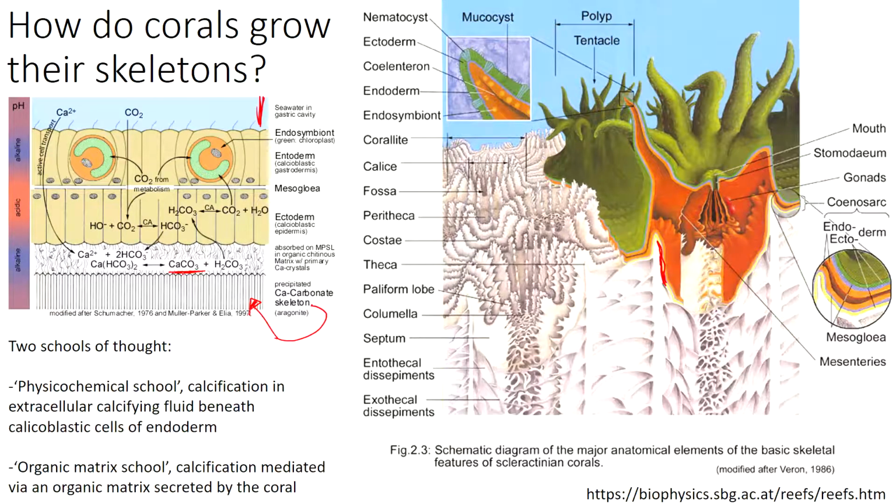To get this mineral to precipitate out, we need to get the reactants, so ultimately calcium and the bicarbonate ion, and increase their concentrations to such a level that this mineral will precipitate out. So within the cells of the coral, there are pathways by which calcium can effectively be molecularly pumped from the seawater through to the site of calcification.